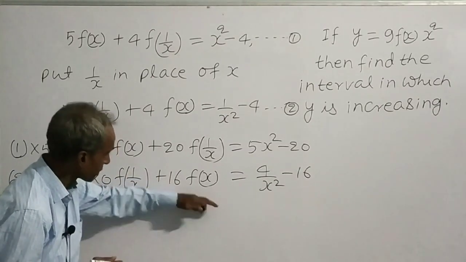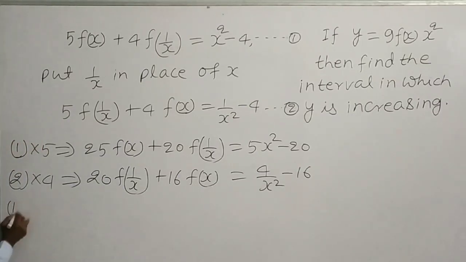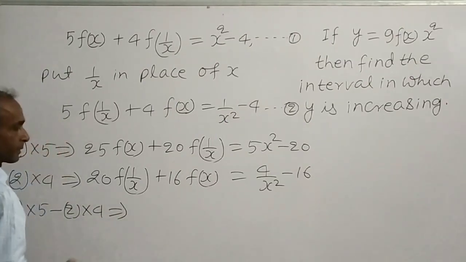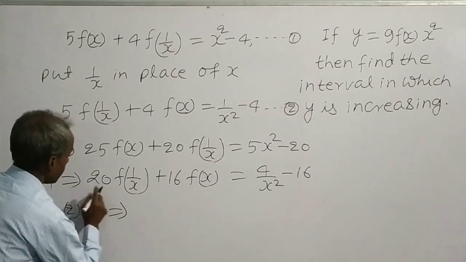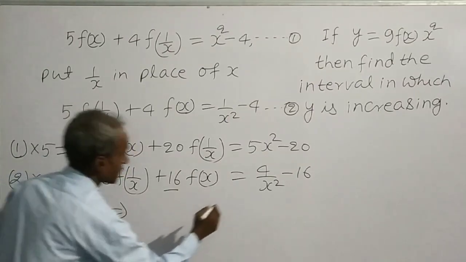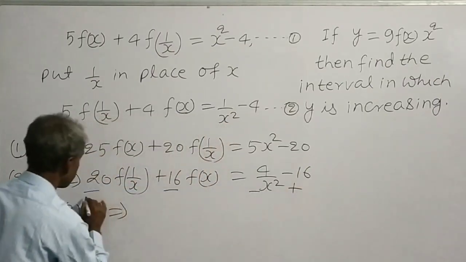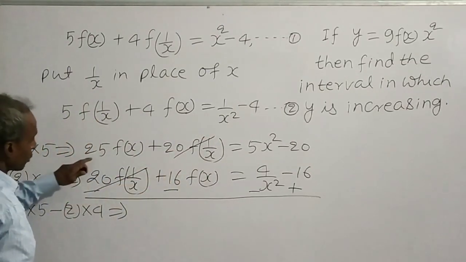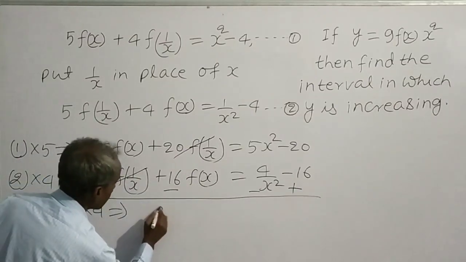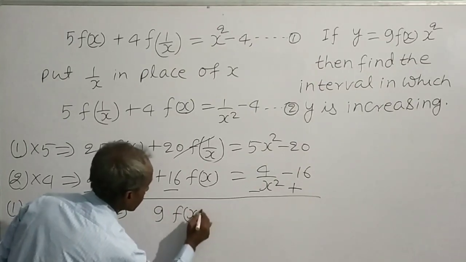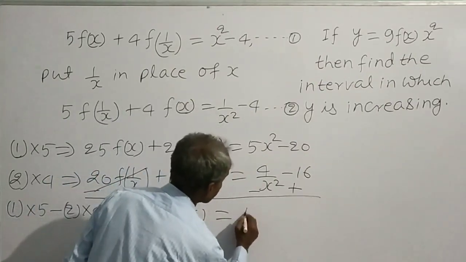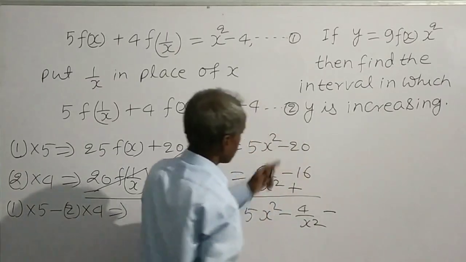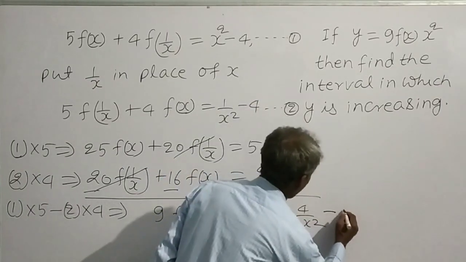Now we subtract this from this. After subtracting, the f(1/x) terms cancel out. 25f(x) minus 16f(x) will be 9f(x), which is equal to 5x² minus 4/x² minus 20 plus 16, that is minus 4.